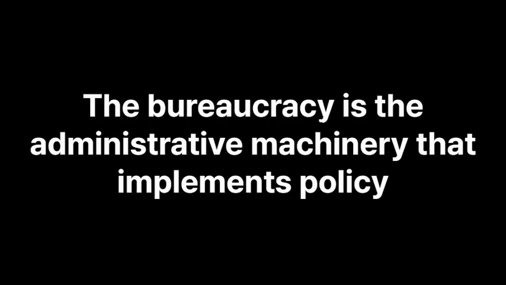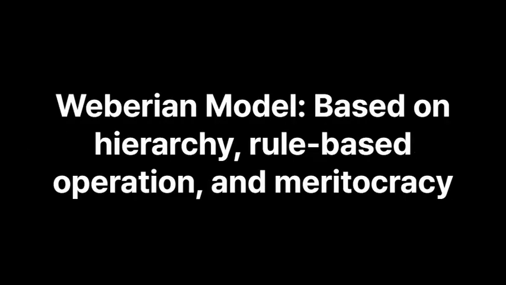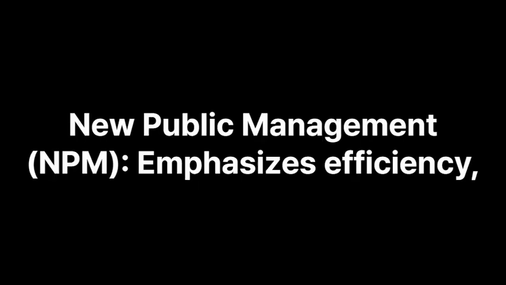Bureaucracy. The bureaucracy is the administrative machinery that implements policy. Weberian model based on hierarchy, rule-based operation, and meritocracy. New Public Management (NPM) emphasizes efficiency, decentralization, and market-based service delivery.